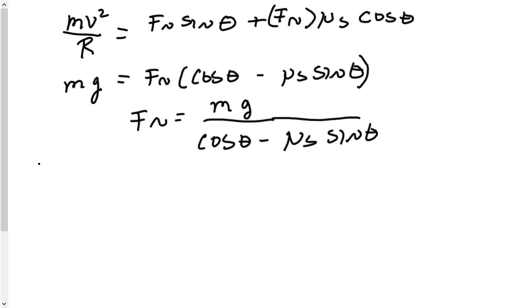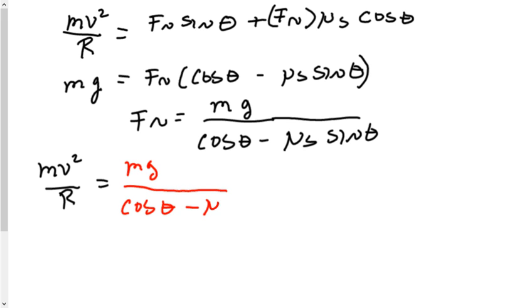I've got mv squared divided by r is equal to, where I see force normal, I'm going to put mg divided by cosine theta minus mu s sine theta.